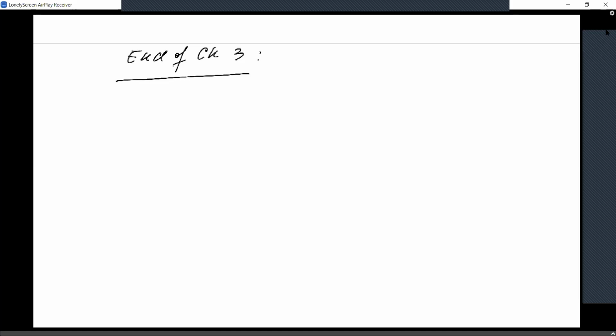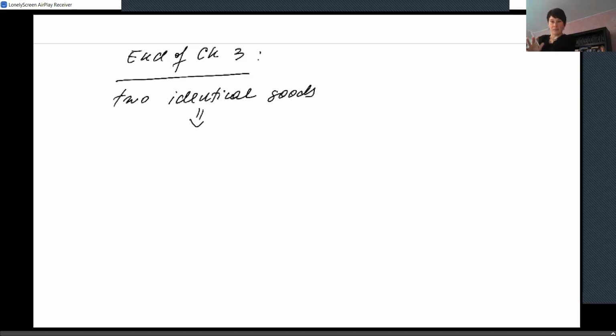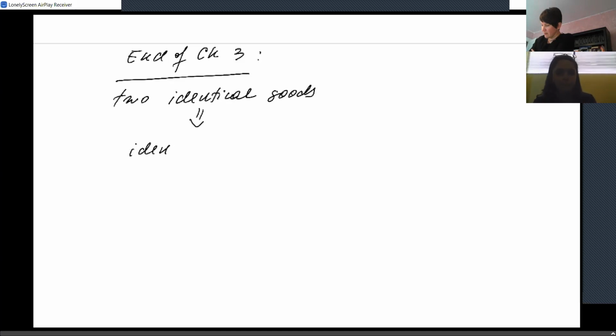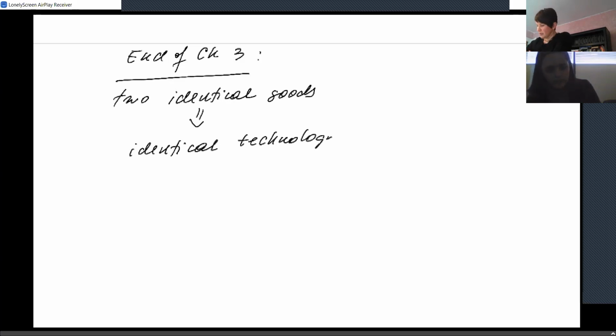When we're dealing with 2 identical goods, it means they're structurally identical, therefore, the same equipment, the same machinery must be used. So the technology to produce this type of goods is identical. Identical technology defines the shape of the PPF.